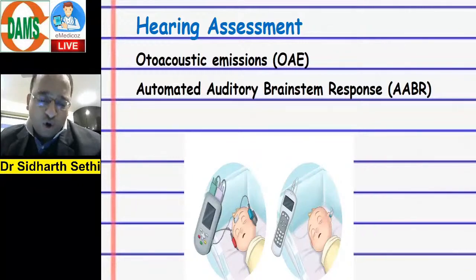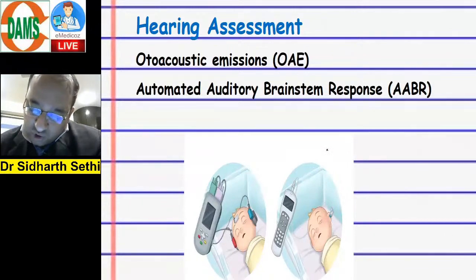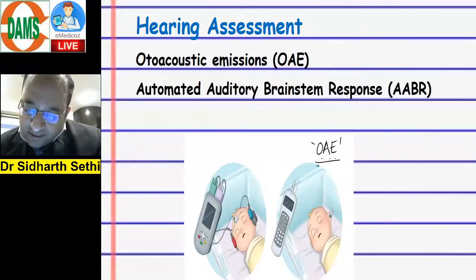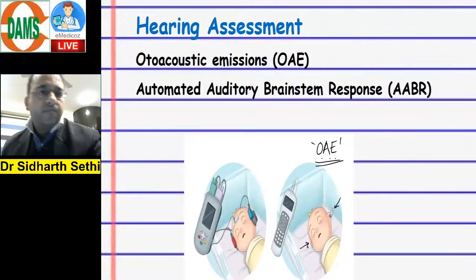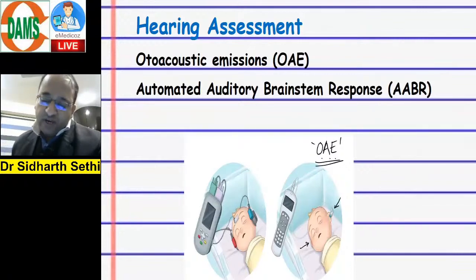One is called otoacoustic emission, OAE. On your right, this photograph shows otoacoustic emission, where basically we insert this device in the baby's ears, and we give him tones, and then based on his hearing, we assess the hearing deficit.